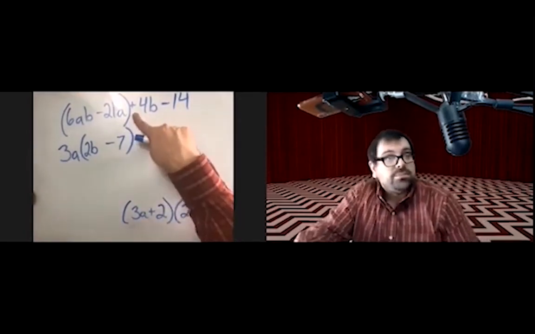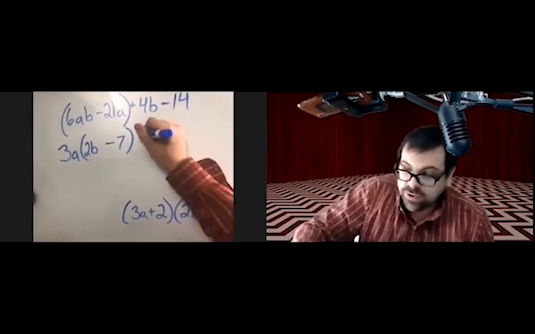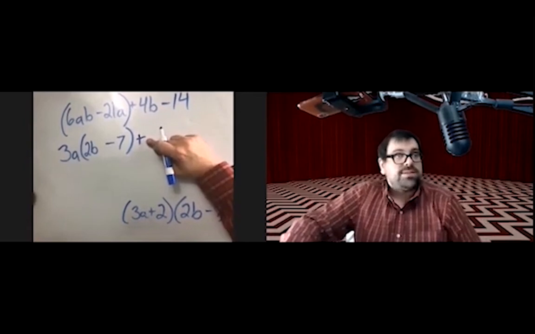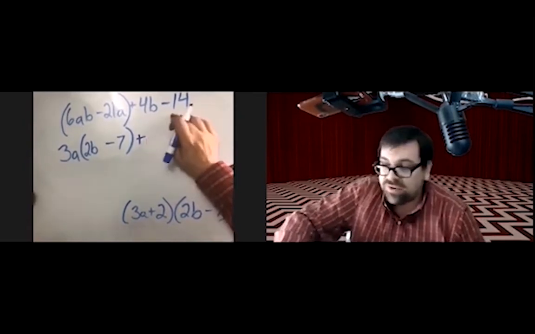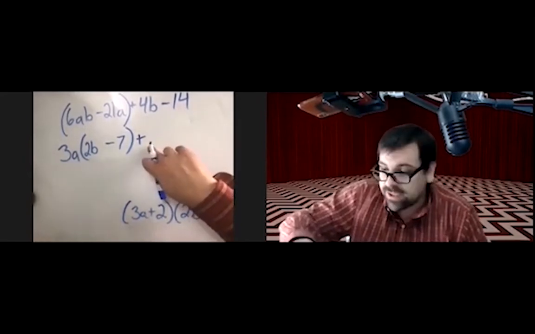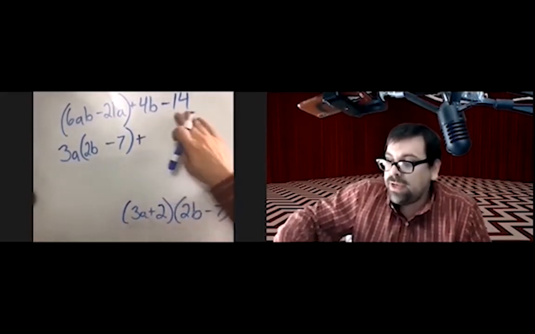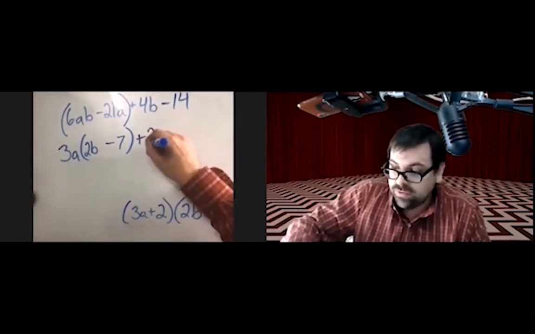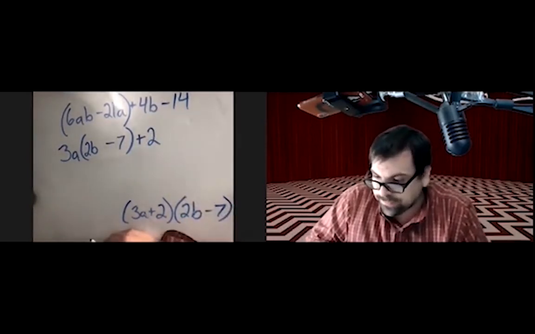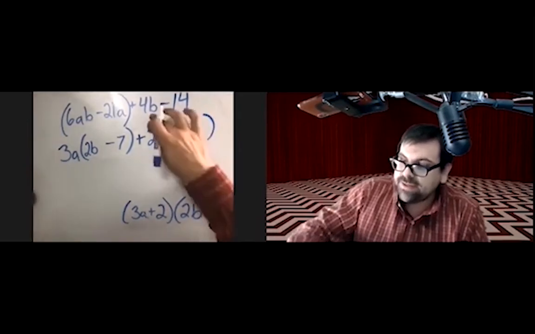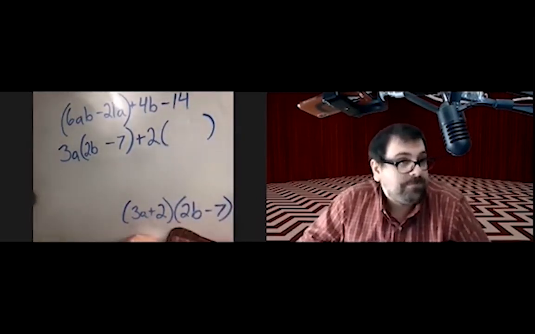Whatever comes next, plus or minus, we have to put that sign here. Since this is a plus, we have a plus. Whatever we factor out has to be positive because of that plus. 4b and 14 have a greatest common factor of 2. No variable, just 2. Can't take out any b's because they both don't have b's.